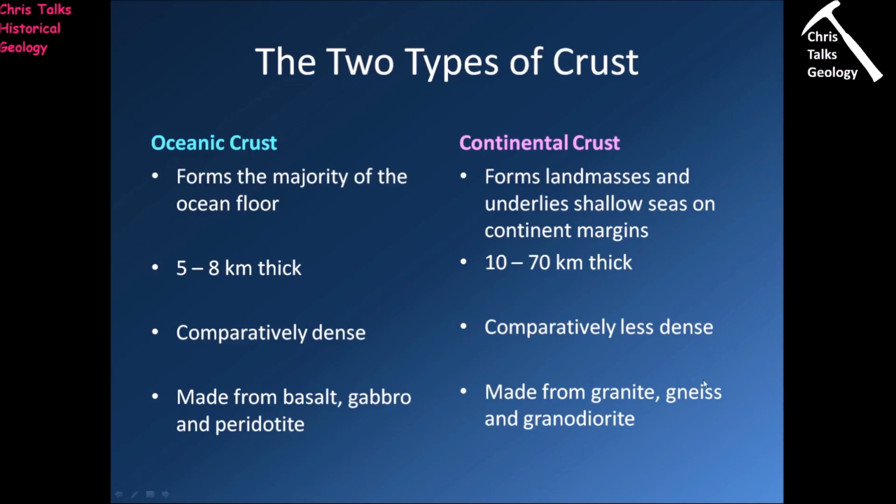So the continental crust is made from intermediate and felsic igneous rocks and very feldspar rich metamorphic rocks, whereas in comparison the oceanic crust is made from mafic and ultramafic rocks, and that obviously explains the density. Mafic and ultramafic rocks tend to be heavier than the more felsic and intermediate igneous rocks.